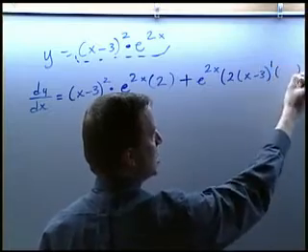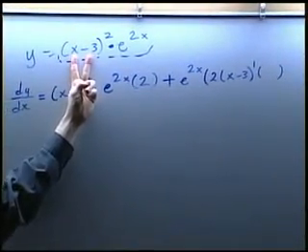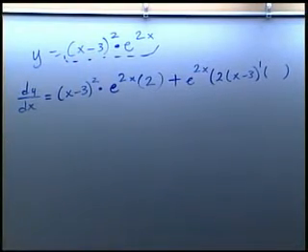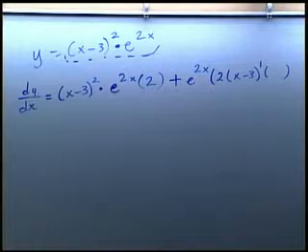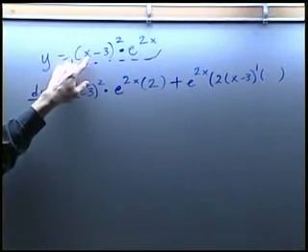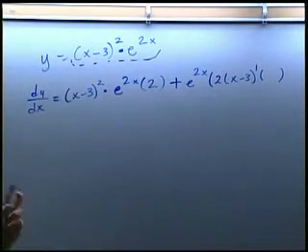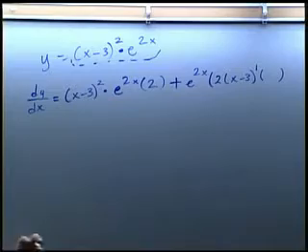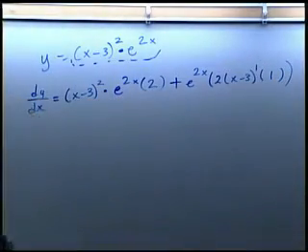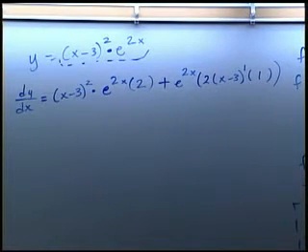And then my question is, I look on the inside of the function, because I've got a chain rule here. What's the derivative inside this function here? 1. The derivative inside, the slope of x minus 3 is just a slope of 1. So I have a chain rule, but the chain rule happens to just be multiplied by 1. So it really didn't change anything. Okay? But I did have a chain rule.